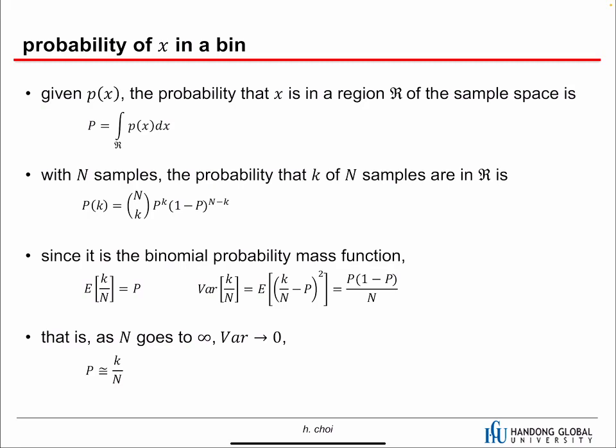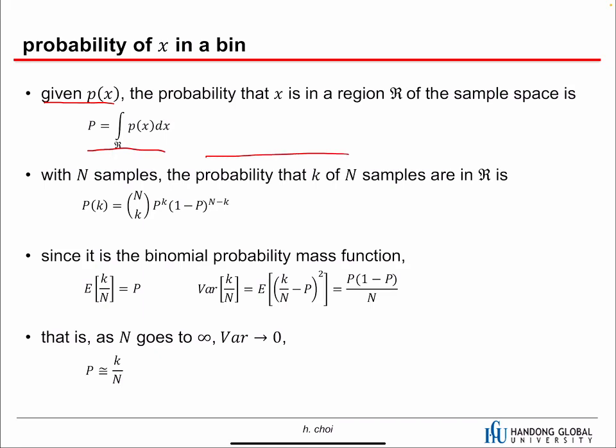We're going to talk about two major approaches to estimate the density with a non-parametric approach. Before talking about these approaches, we need a couple of equations. So let's go through these equations. First, given this density, P of x is given. Then the probability that x is in a specific region R of the sample space can be calculated in this way.